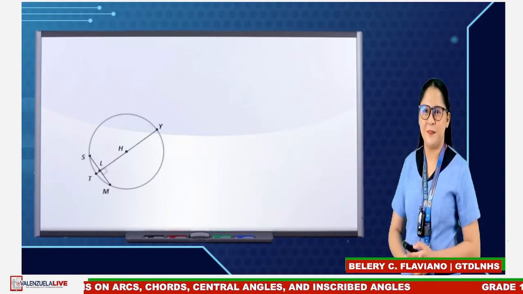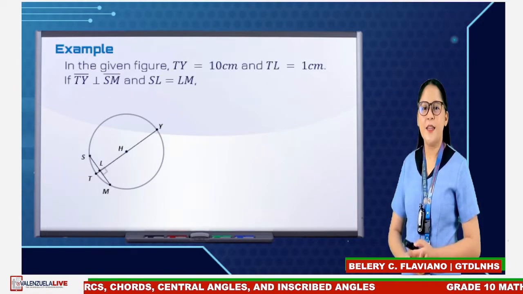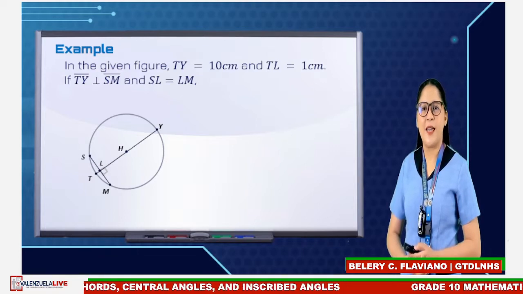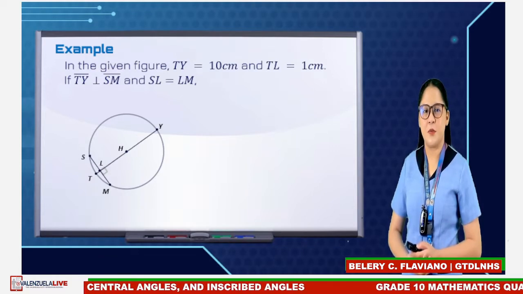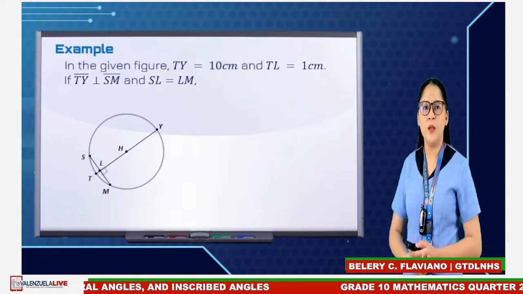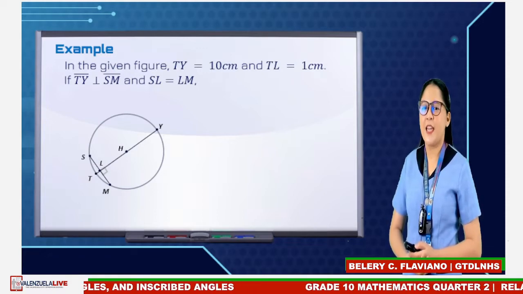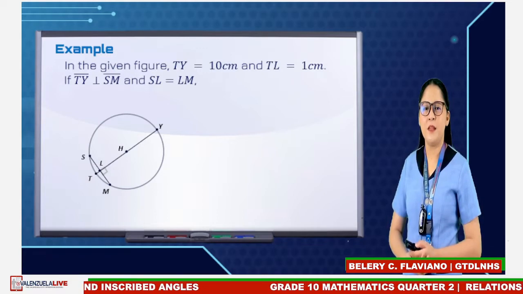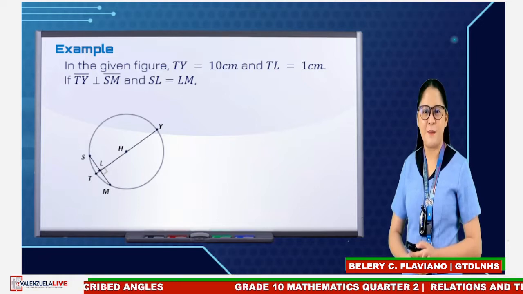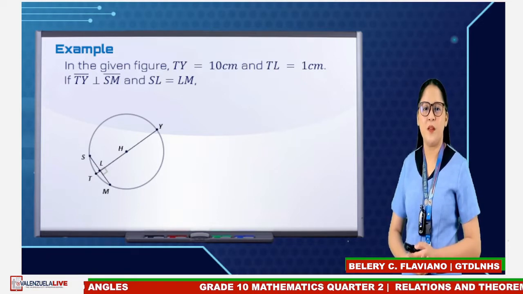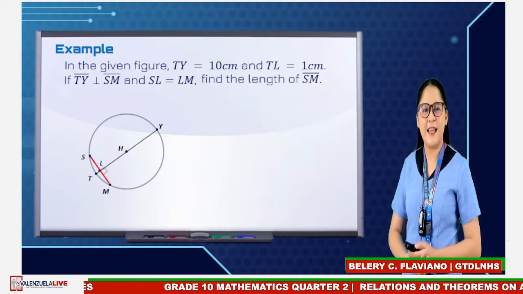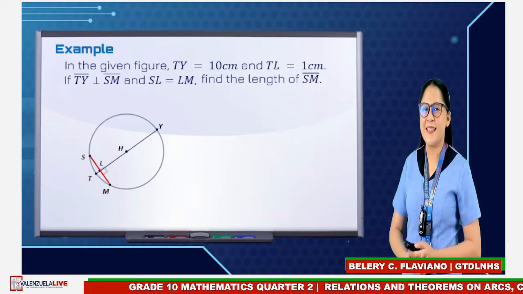Let's have an example. In the given figure, TY is equal to 10 centimeters and TL is equal to 1 centimeter. If TY is perpendicular to SM and SL is equal to LM, find the length of segment SM.